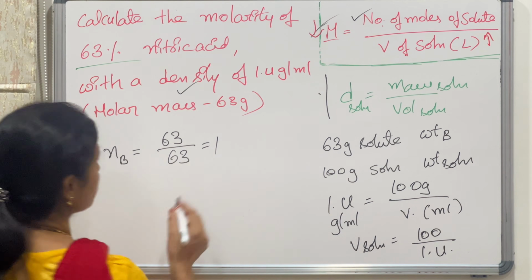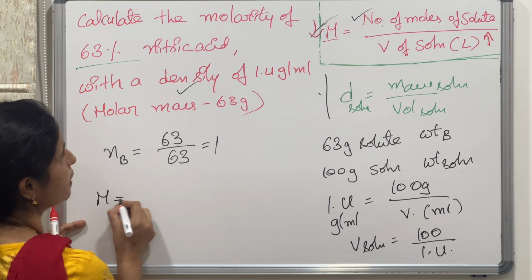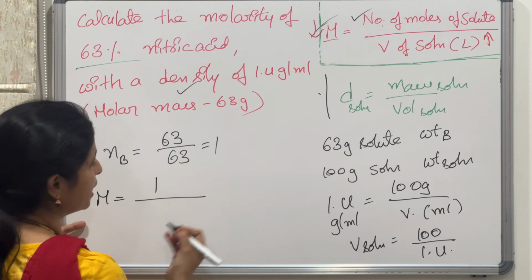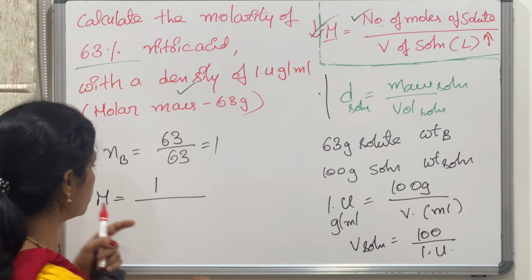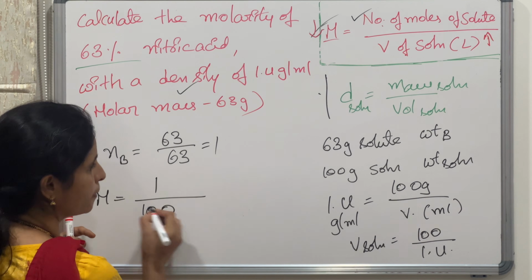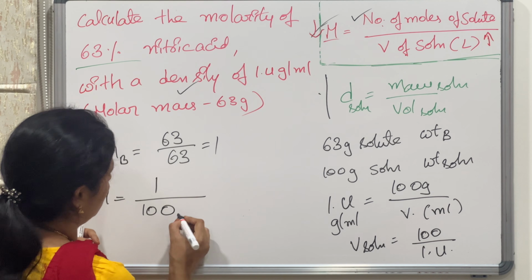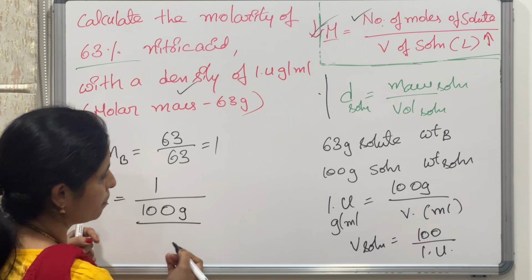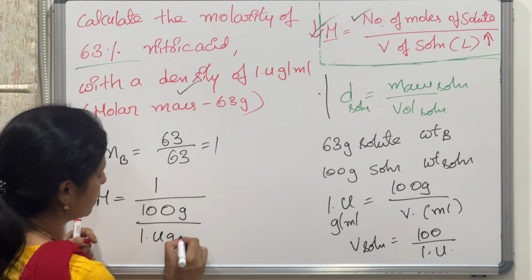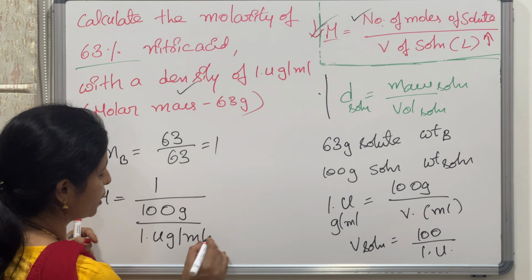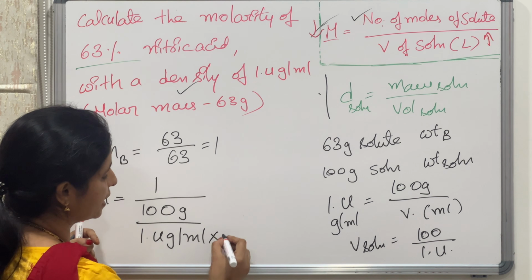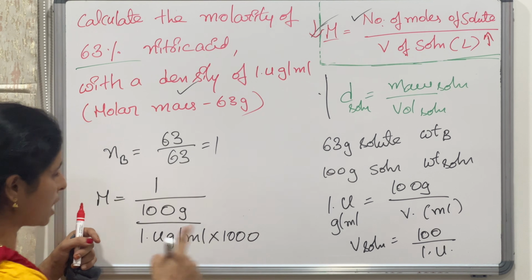So if you substitute, molarity is equal to number of moles 1 divided by volume of the solution, it is 100 grams divided by 1.4 grams per ml, but you want your answer in liters. You multiply this with 1000.